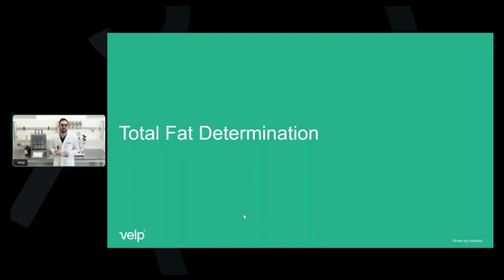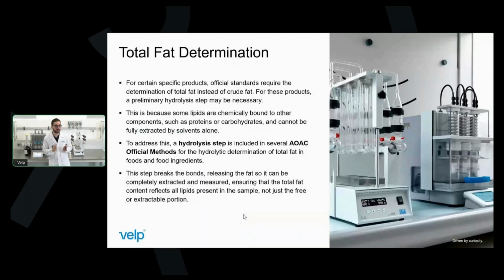Now we can move further with the total fat determination, because for certain specific products, the official standard requires the determination of the total fat instead of the crude fat. For these products, it is necessary to perform a preliminary hydrolysis step with our HU6 unit.